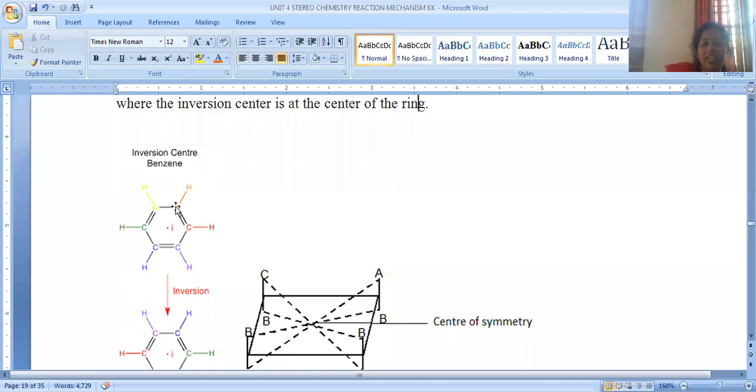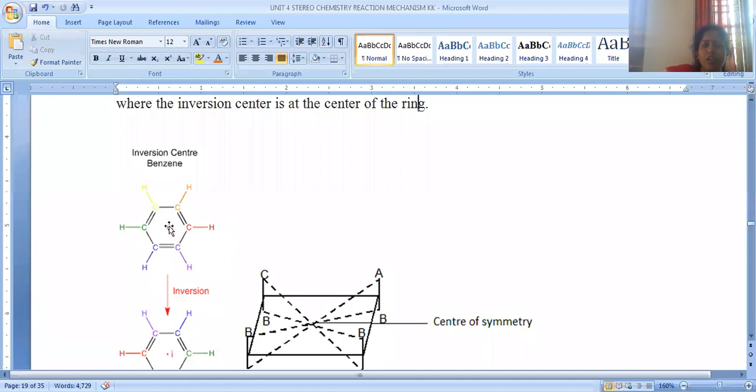If such a diagonal relationship is there, and when we draw the line towards this carbon atom, an equal line drawn in the opposite direction meets two similar functional groups, this is called the inversion center, which is also called the center of symmetry.